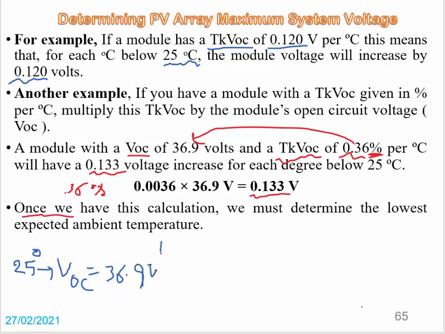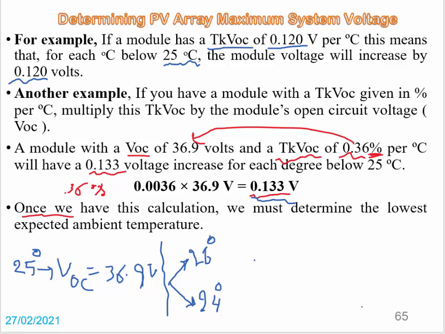Now what will happen if the temperature increases by 1 or decreases by 1? So at 26 Celsius and 24 Celsius, as we said, the voltage will change by 0.133 for each degree Celsius.